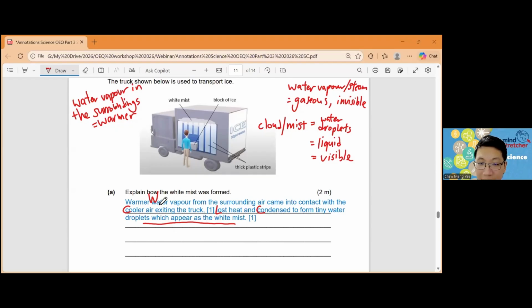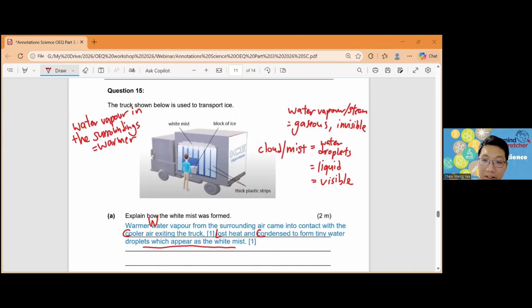One last time for Skylar. Water vapor and steam, they are gases. And as long as they are gases, you can't see them. They are invisible. So when you boil water using the kettle at home, what you see is not the steam.